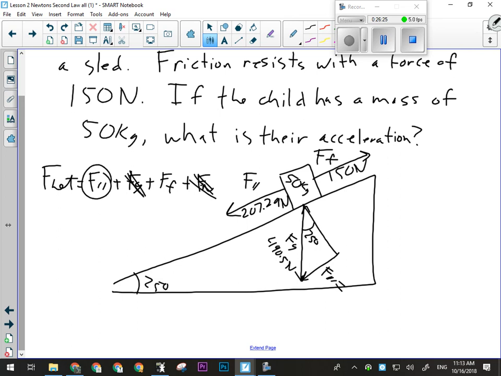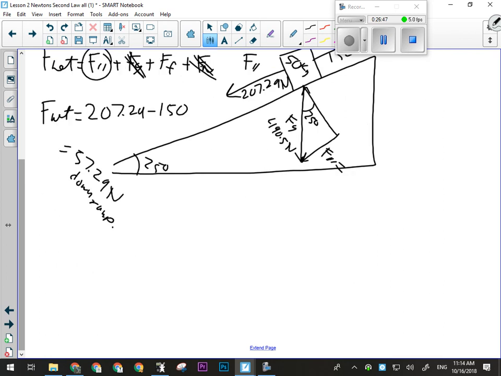So now that I have those, I can use the sum of all forces to get F net. So I got 207.29 minus 150, which is going to give us 57.29 newtons down the ramp as our net force. Now that I have that, I can calculate the acceleration of the child the same way we always do, F net divided by mass.